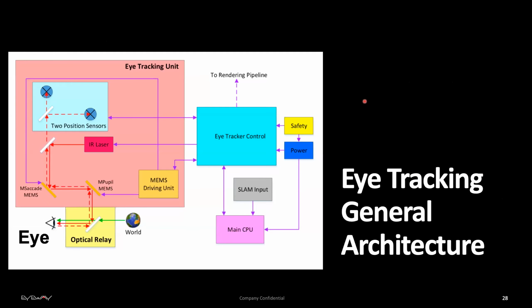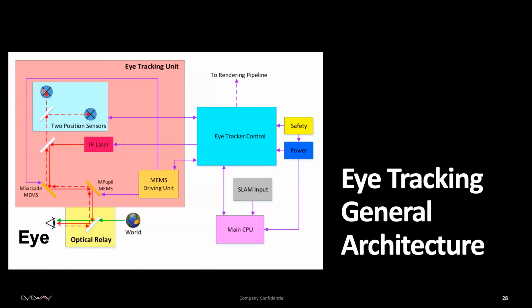For the block diagram, I'll start here. This is the IR laser. It goes into the system through the two actuated mirrors, then the optical relay, and goes into the eye. The light that is scattered inside the eye goes back through the same mirrors, and goes to these two position sensors.